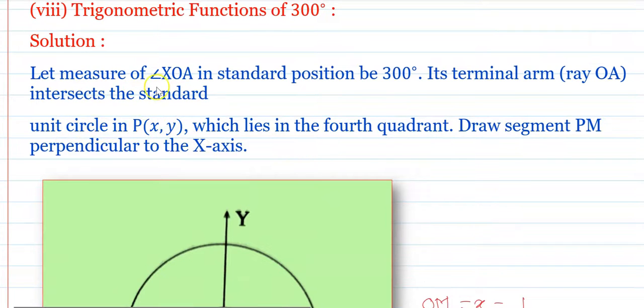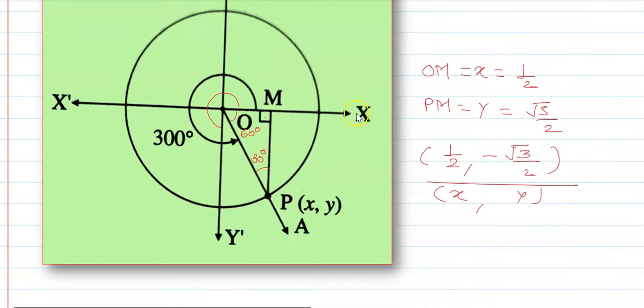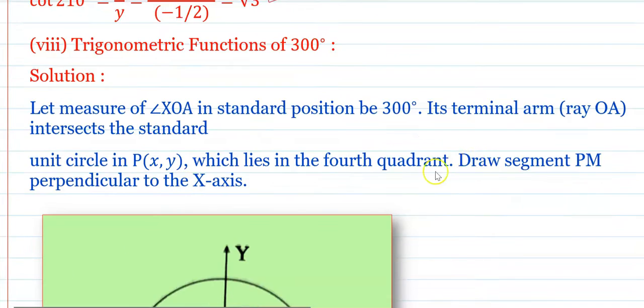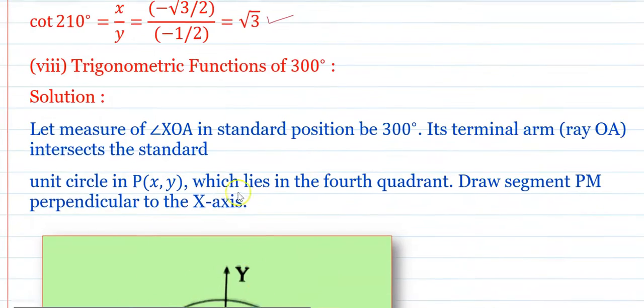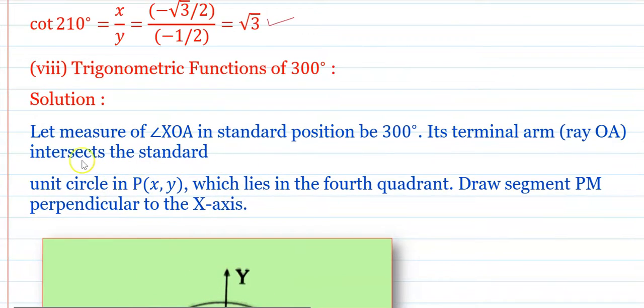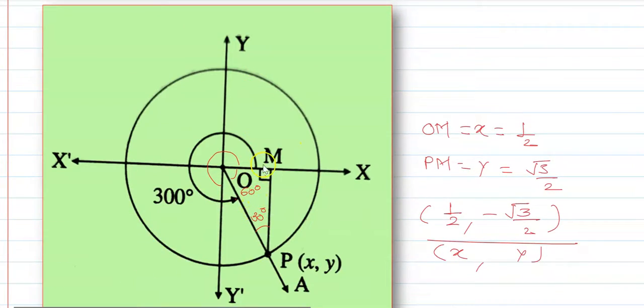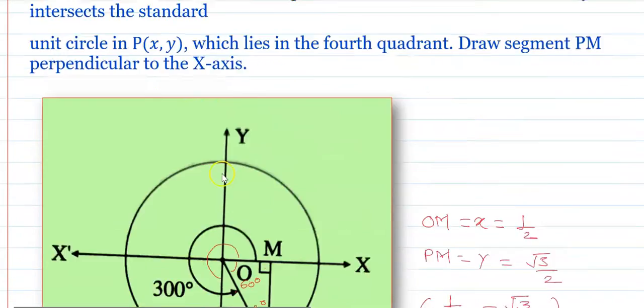The measure of angle XOA is equal to 300. Its terminal arm OA intersects the standard unit circle in P, which lies in the fourth quadrant. Draw PM perpendicular to the x-axis.